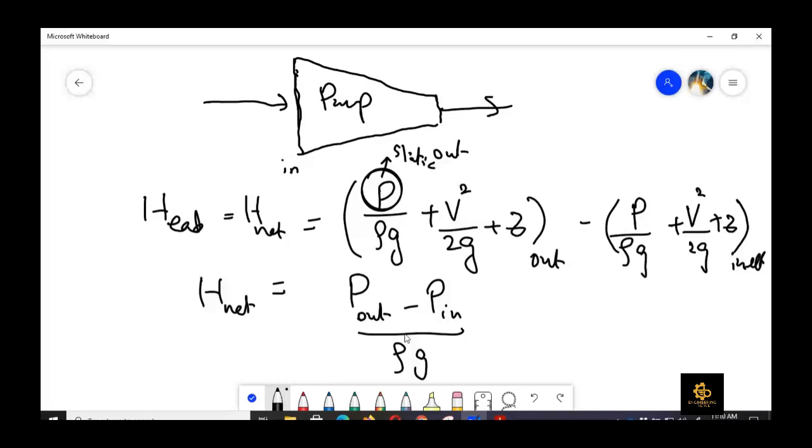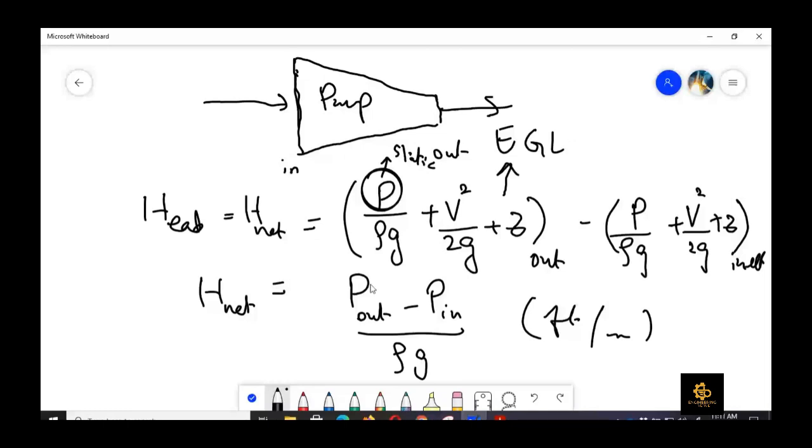So it would be in feet or meters, meters of some fluid like Hg or whatever. There was also a concept of energy grade line. These three heads make the energy grade line, which you must have studied along with the hydraulic grade line. The hydraulic grade line is only without the dynamic head.